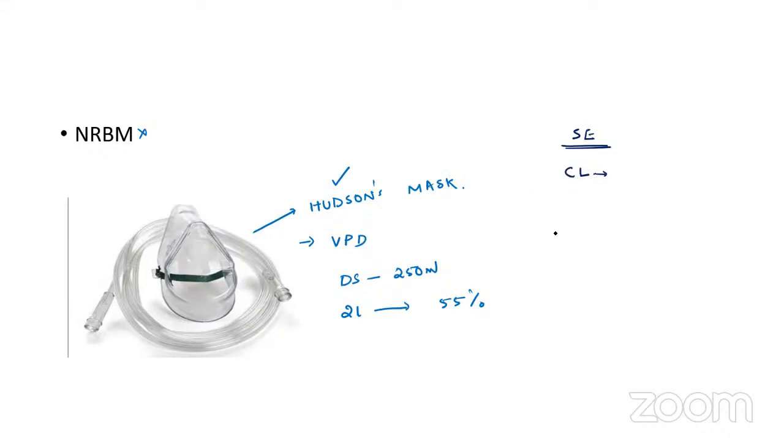Whatever we have discussed now, the nasal cannula and the Hudson mask, both are examples of variable performance devices. So please remember that. Another disadvantage of both of these is that it is not possible to provide humidified air through both these devices.